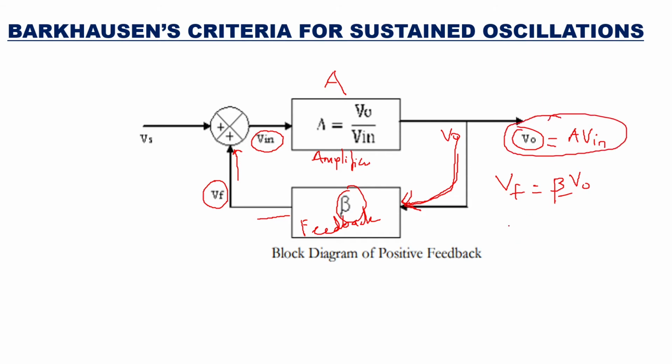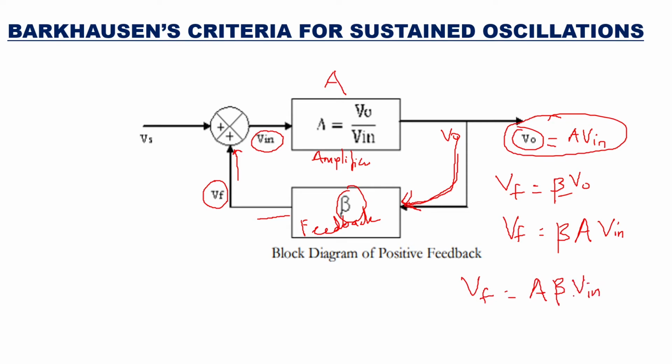VF will be equal to beta A into V in. So you can rearrange this equation as VF, that is the feedback voltage, will be the gain of the amplifier multiplied by the gain of the feedback network into V in.